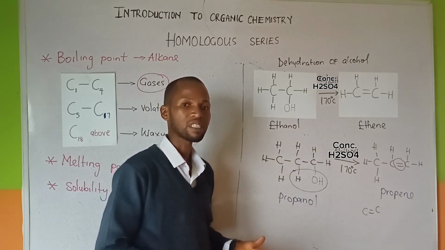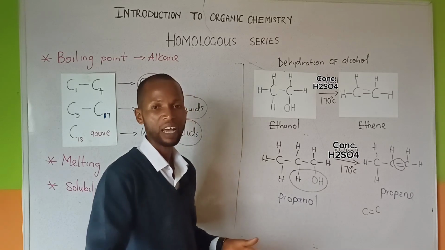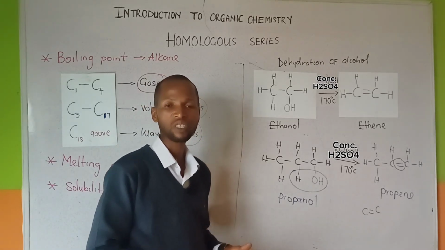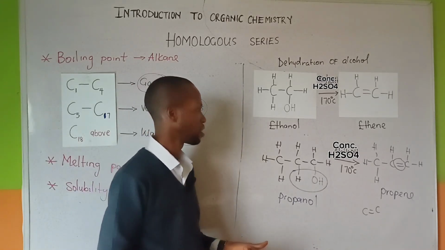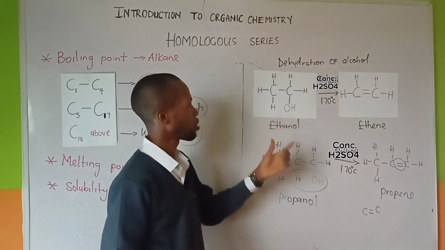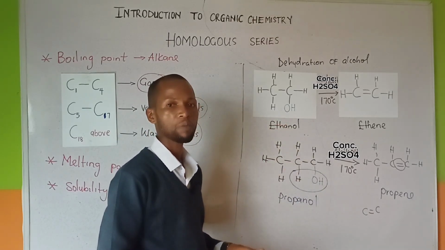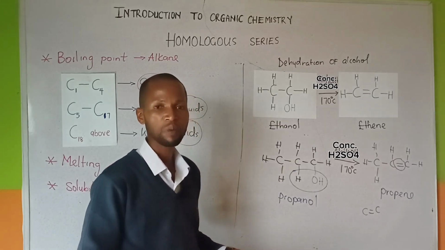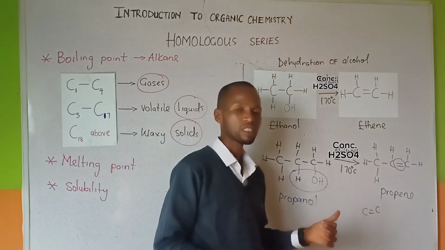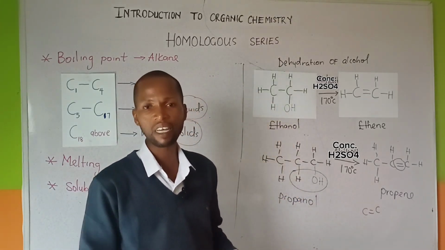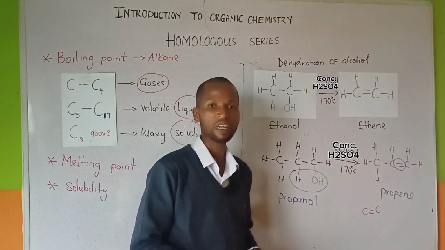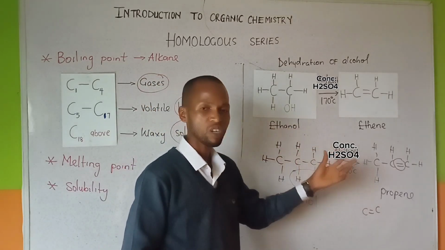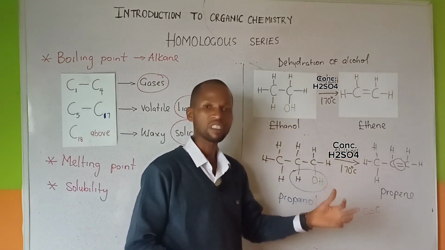Their physical properties change progressively as the number of carbon atoms per molecule increases down the series. We talked about the chemical properties of members in the same series. They have similar chemical properties. We also considered the functional group. They exhibit the same functional group. Then their method of preparation, they are prepared using similar methods.